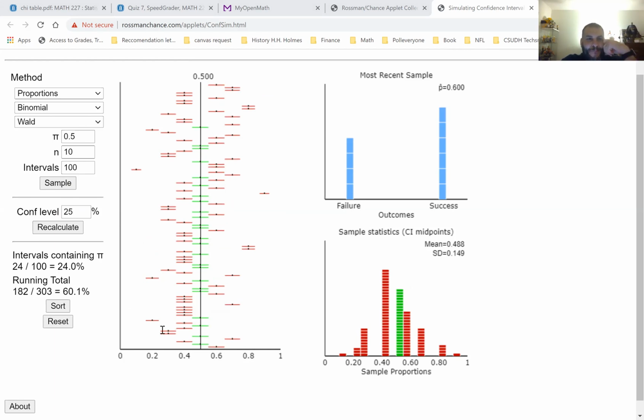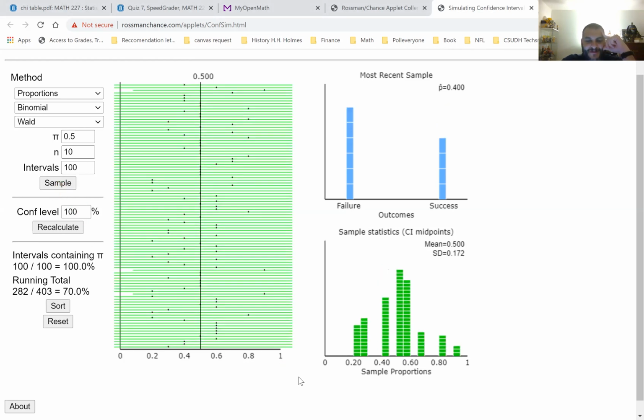All right, but for this one, why wouldn't I just always do 100%? Why leave any room for error? If you look at that, it's always correct.